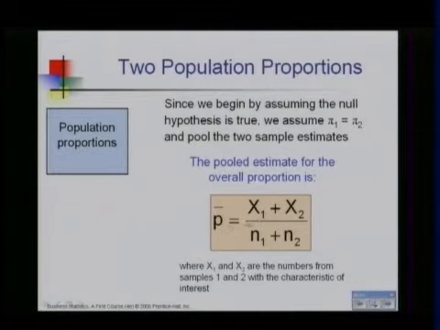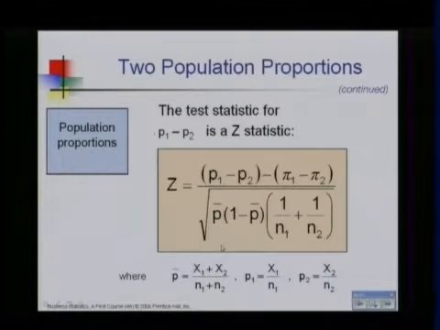To find that, we just take the first sample, we take the number with the characteristic, which we call x1, plus the number with the characteristic in sample 2, x2, sum those values and divide by the sum of the sample sizes. That gives me the average proportion with the characteristic I'm interested in.